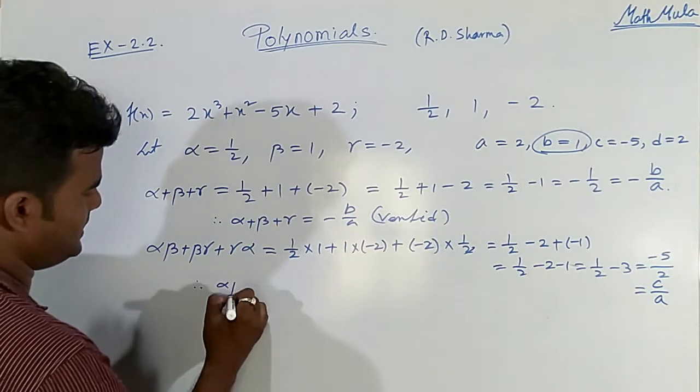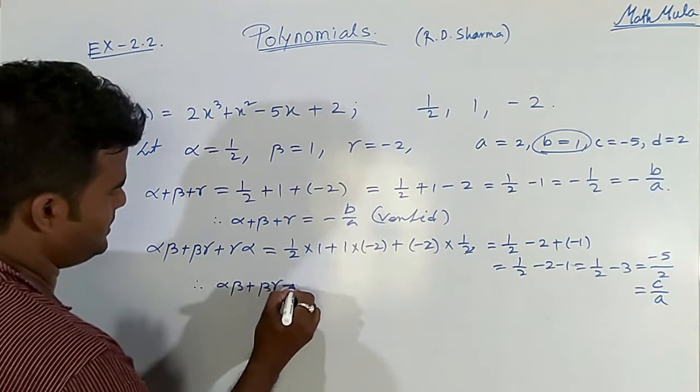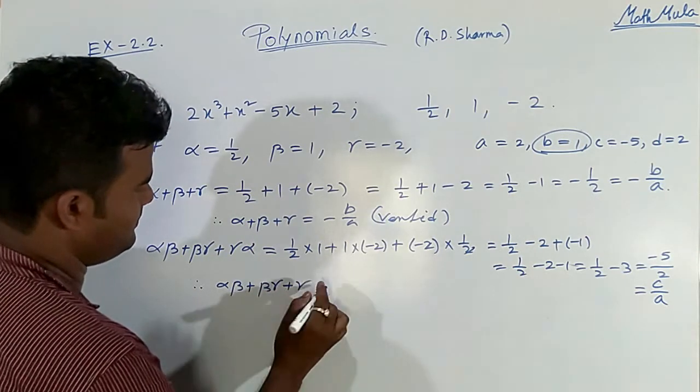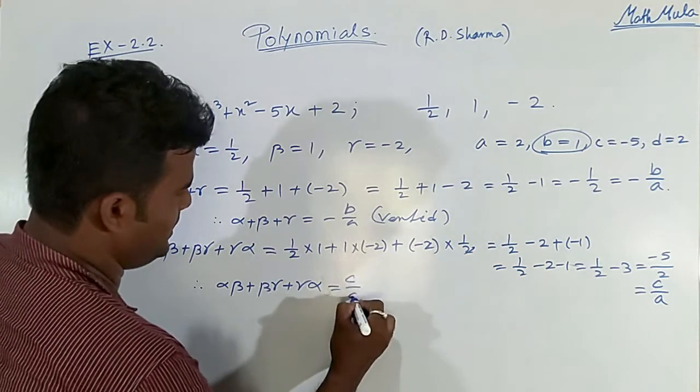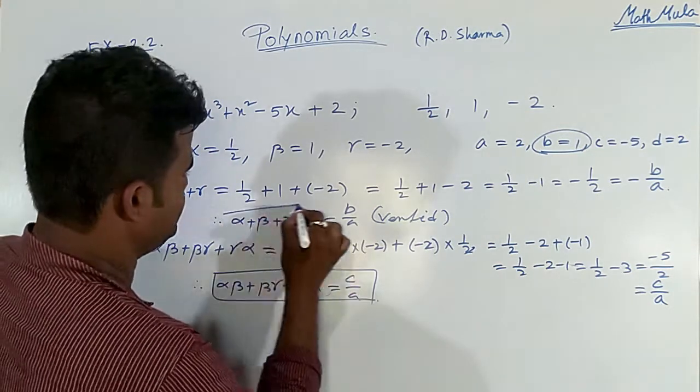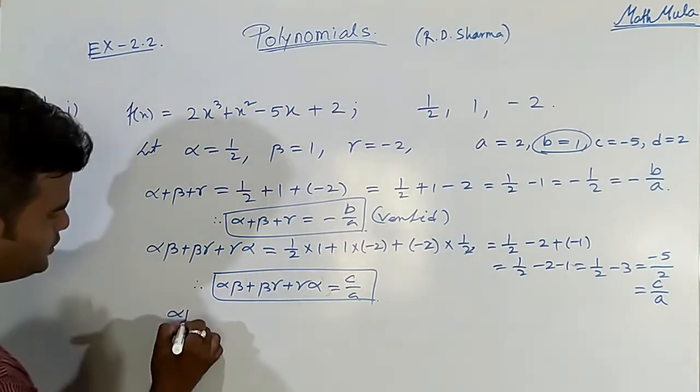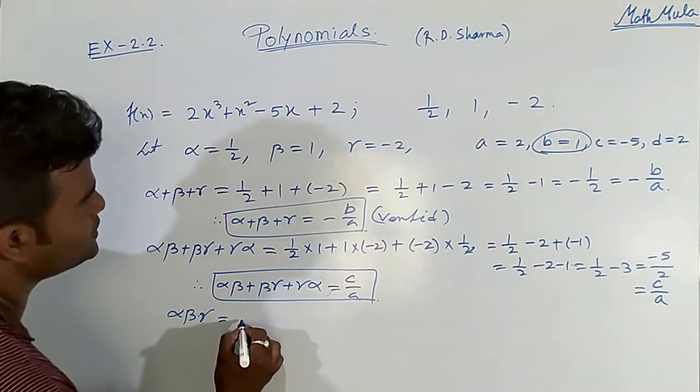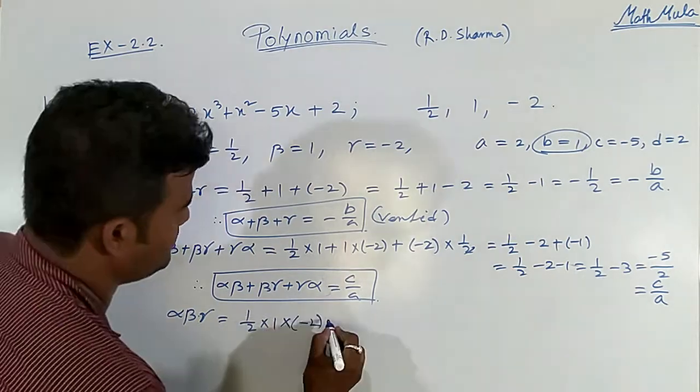Therefore the second relation alpha beta + beta gamma + gamma alpha = c/a. That's it, verified.